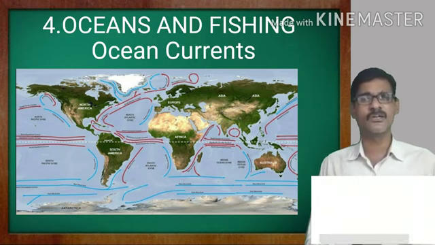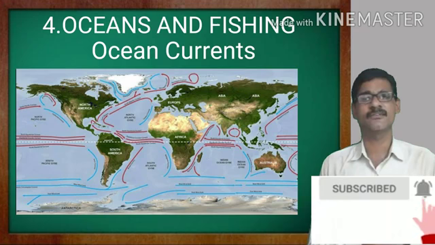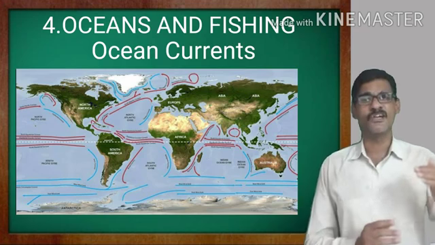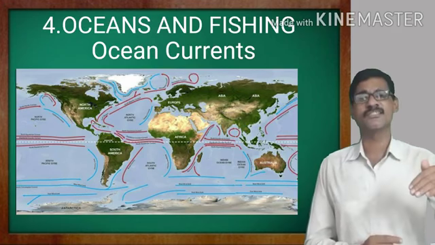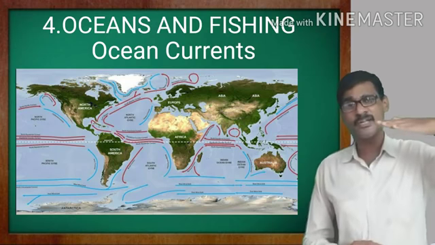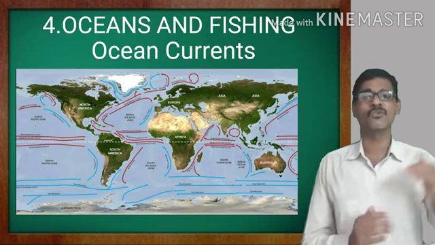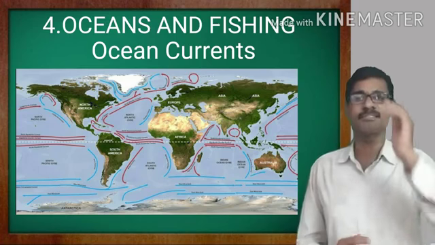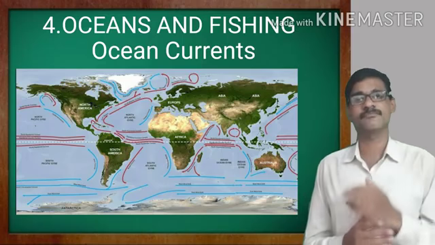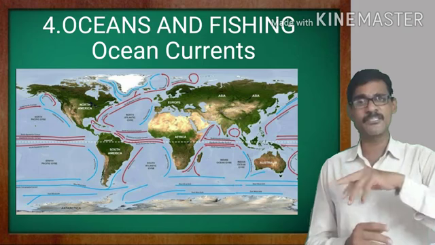Due to the change in temperature and salinity and due to the winds, the water in the oceans moves from one place to another in a particular direction throughout the year. They are called ocean currents. They move like big streams, from one place to another.